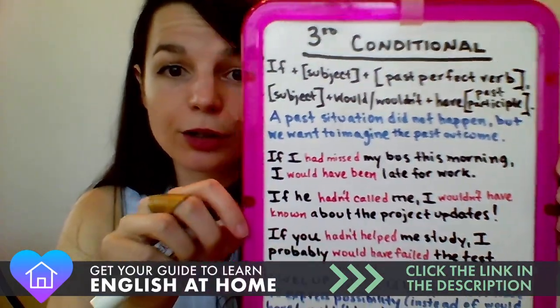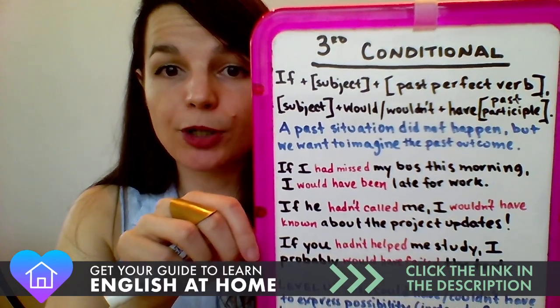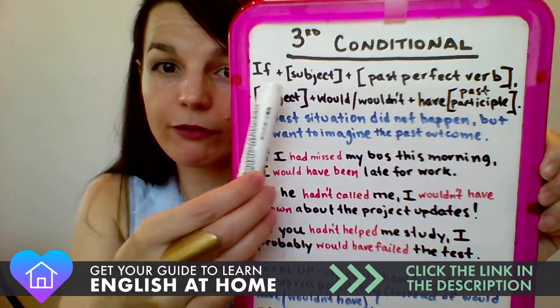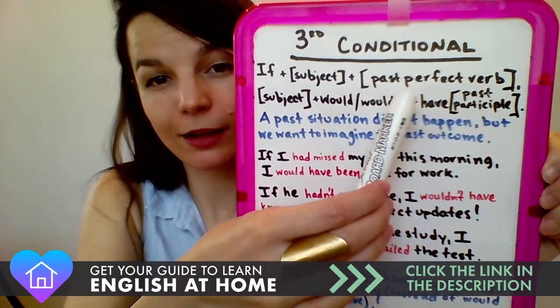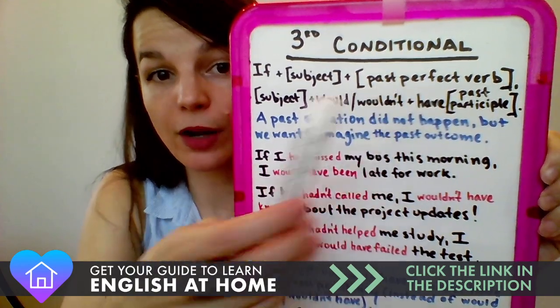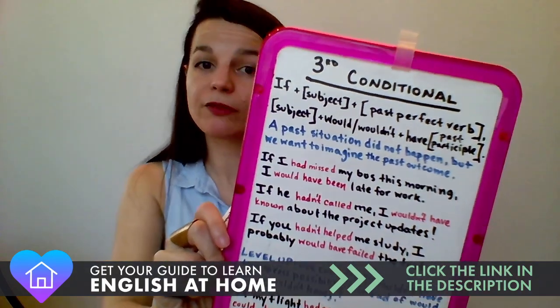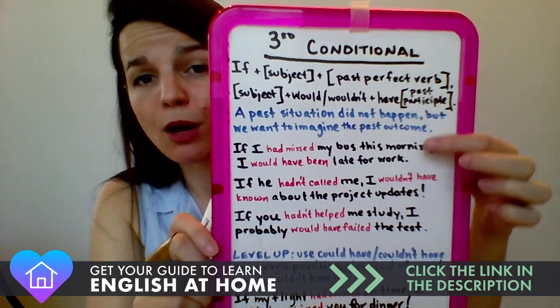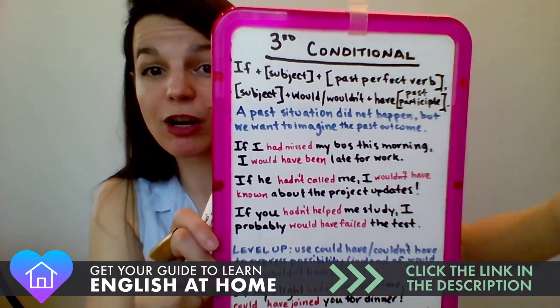Third conditional. Ta-da! If plus subject is very familiar here, right? So we have the same pattern again. If subject, but here we have a past perfect verb expression. Past perfect means we're going to use have plus the past participle form of a verb.